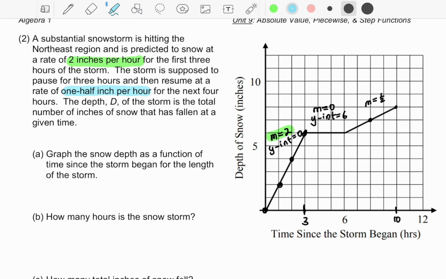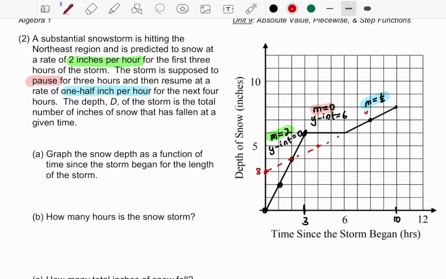Now we do need a y-intercept for this last piece here. If I dial it back, down 1, left 2, down 1, left 2, down 1, left 2, that would get me to an assumed y-intercept right here at 3.